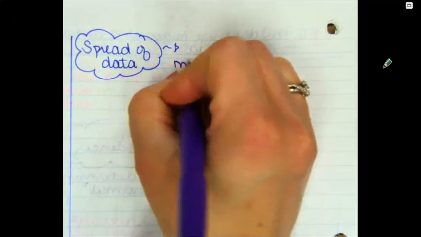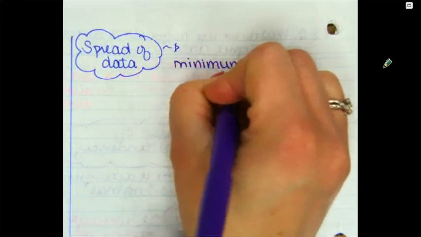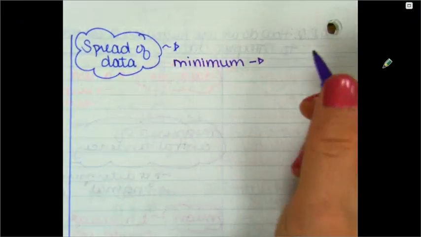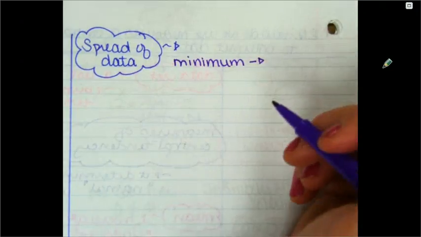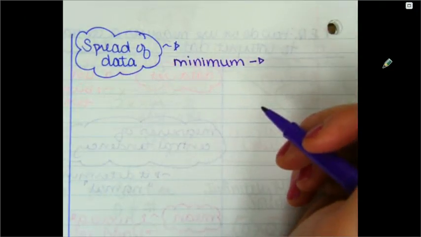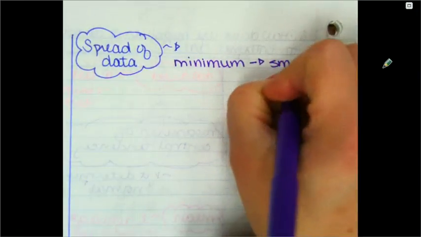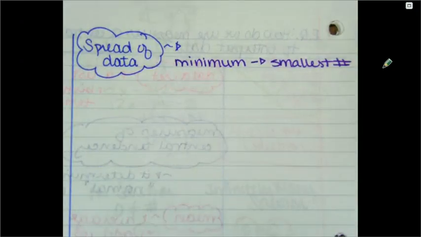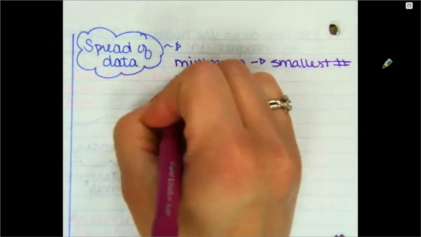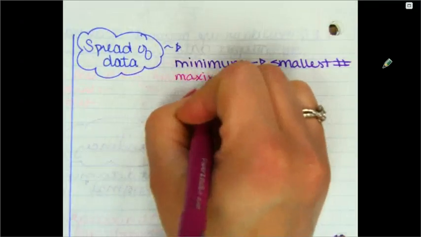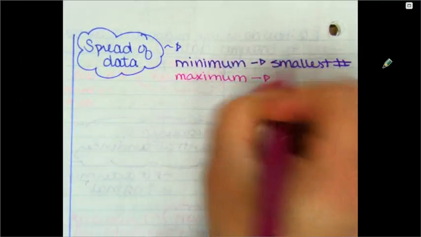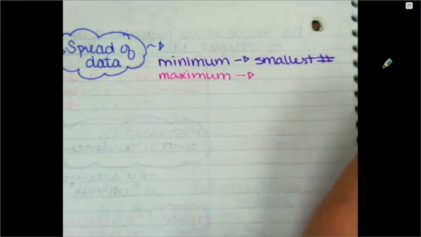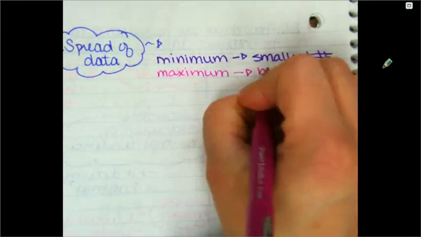There's a couple things here. First of all, there's a thing called a minimum. What does the minimum tell you? What does it mean to be a minimum? The lowest number, so it's the smallest number we have. So we have a minimum, we also have a what? Maximum, because maximum is the opposite of minimum. So maximum is your what? Your biggest number, your highest number.